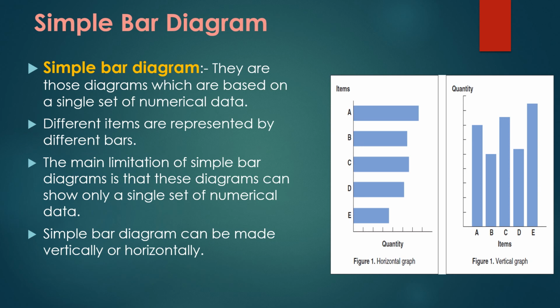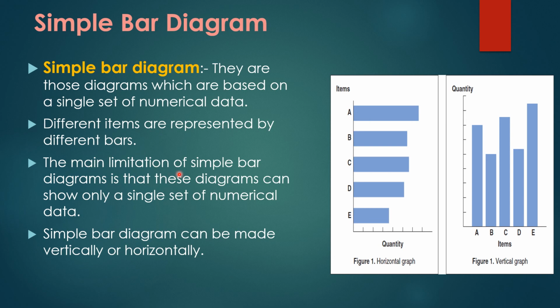Coming to the first type of bar diagram, that is the simple bar diagram. So what is a simple bar diagram? They are those diagrams which are based on a single set of numerical data. It means a single set of numerical data is represented by a single bar. Different items can be represented by different bars.